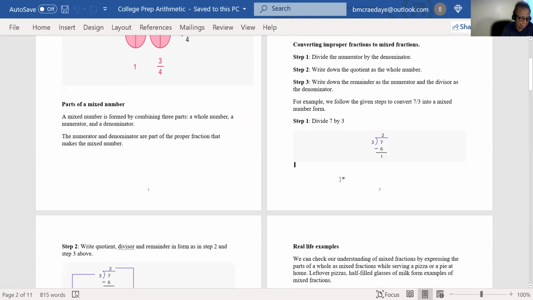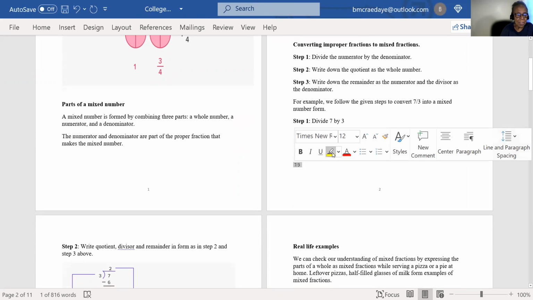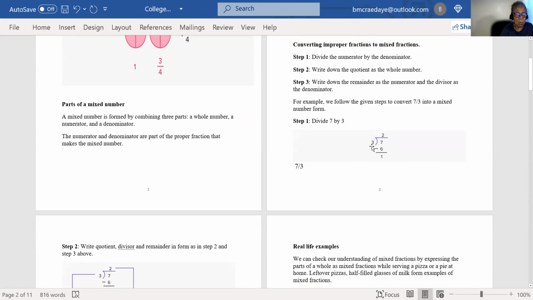Now, let's just take 7 divided by 3. Okay, so we just write here 7 divided by 3. And notice I'm using the slash here to represent the division. You can put the 7 over the 3, and that's also division. So notice we have 3 outside here as a divisor, divided into 7 2 times. 2 times 3 is 6. 6 from 7 leaves 1.